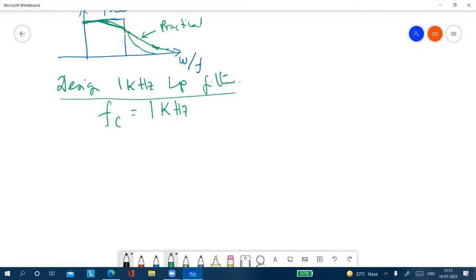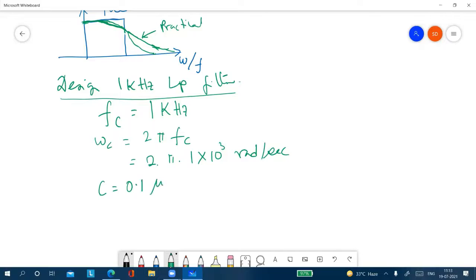Now if fc equals 1 kilohertz, then omega c, which is equal to 2 pi fc, is 2 into pi into 1 kilohertz. That is in radians per second. We will assume C equal to 0.1 microfarad. So what will be the value of R?